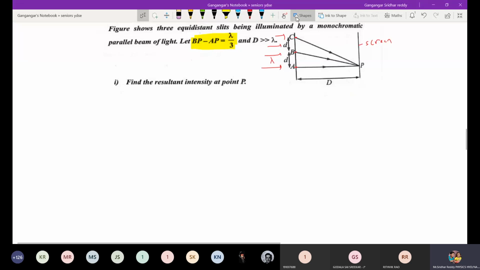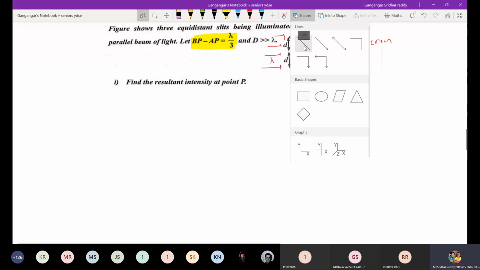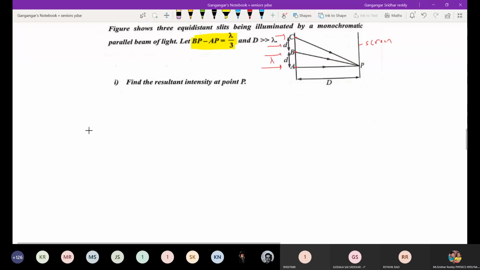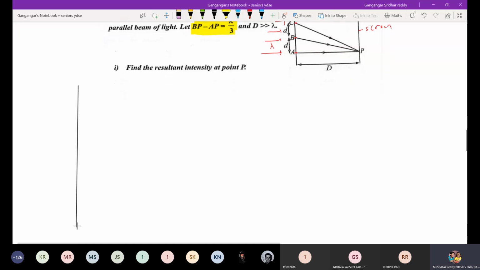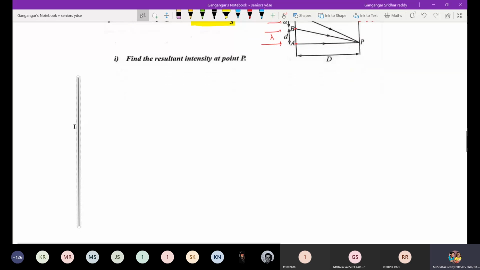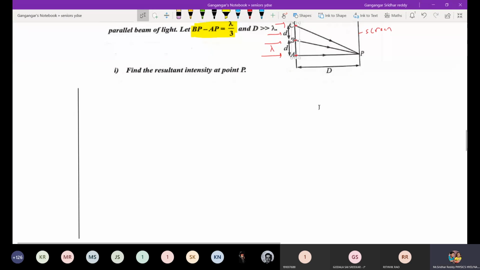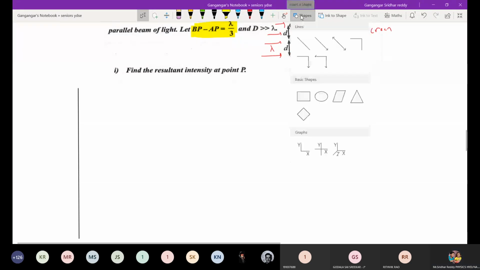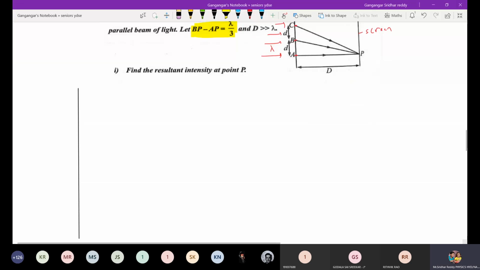Let me draw the diagram. Meanwhile, you try. I'll finish off the diagram.